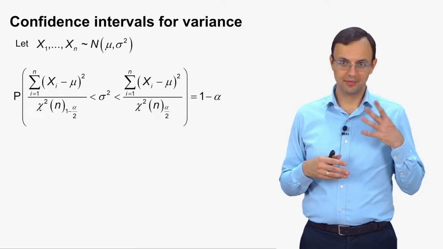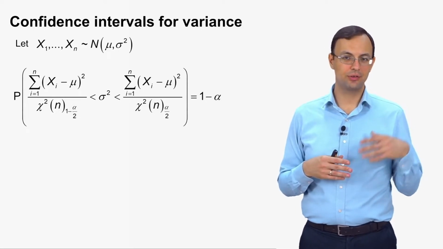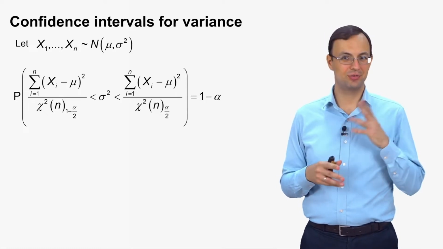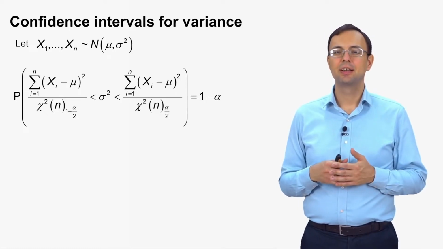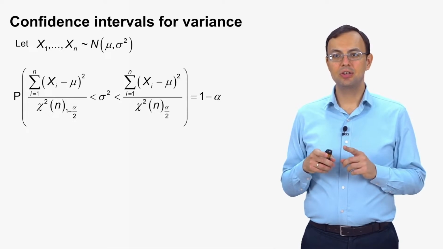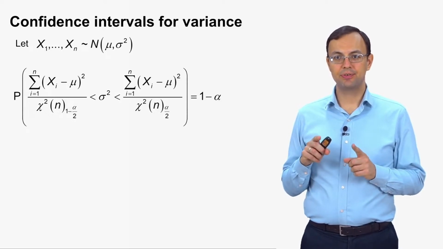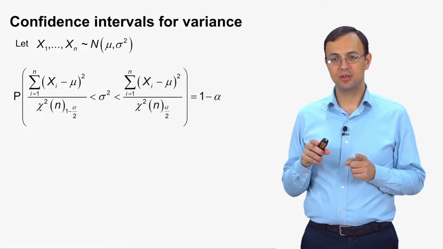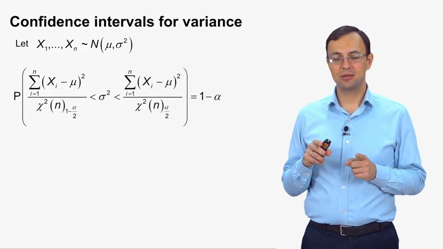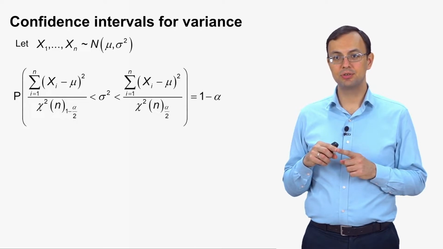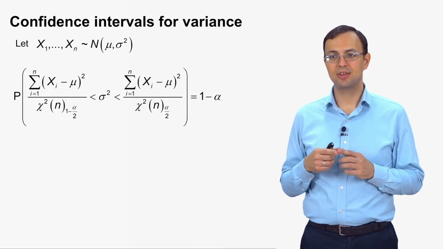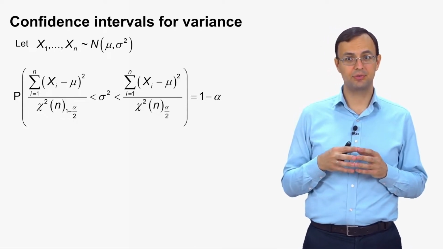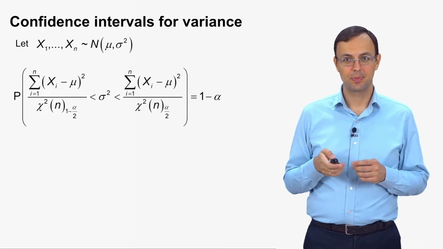When you need a quantile, you Google for the table and find the quantiles there. As you see here, the endpoints differ in the level of the quantile. The left endpoint has the quantile of level 1 minus alpha over 2, and the right endpoint has the quantile of level alpha over 2. This is the only difference.